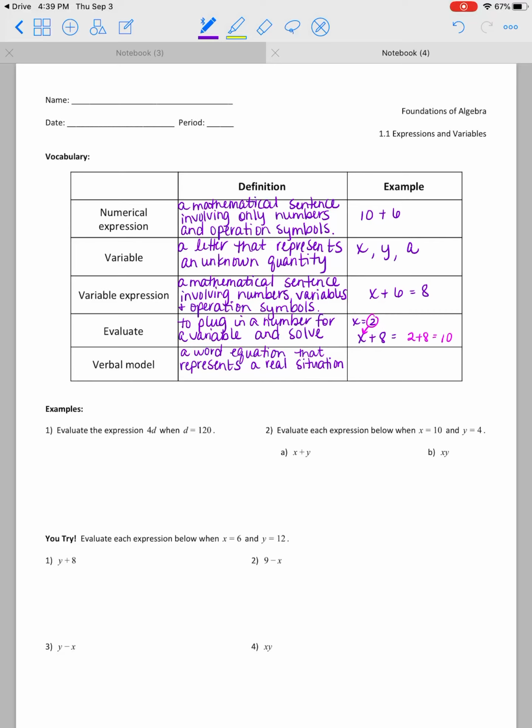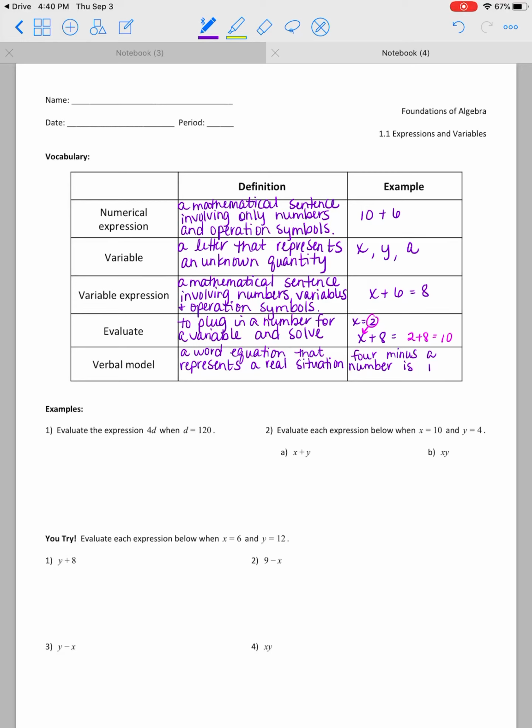Okay, so an example would be like 4 minus a number is 1. Okay, and then we're going to take that and rewrite it as a numerical or variable expression today. Okay, so let's take this vocabulary and put it into some problems.